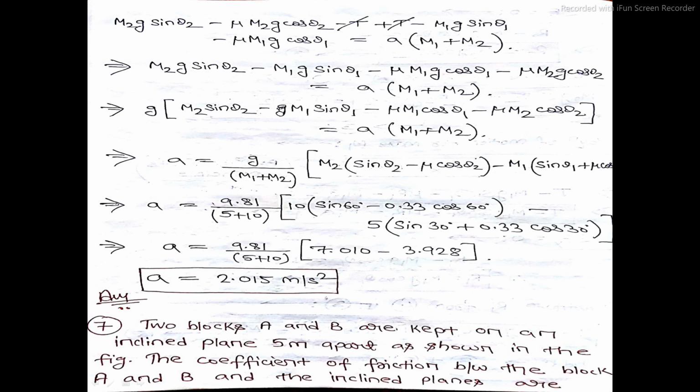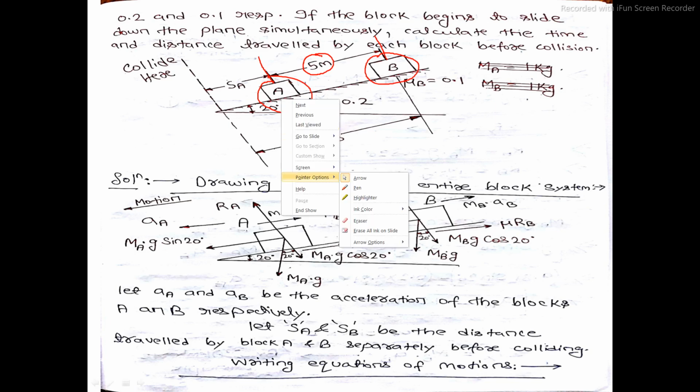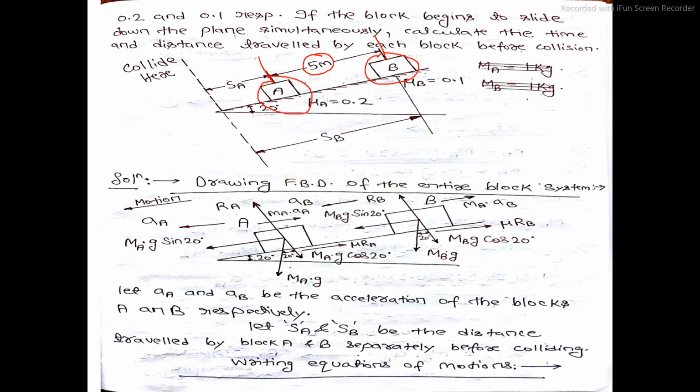What else is given in the problem? The coefficient of friction between the blocks A and B and the inclined plane are 0.2 and 0.1 respectively. That means the coefficient of friction between block A and the inclined plane surface is 0.2, and the coefficient of friction between the contacting surface of block B and the inclined plane is 0.1.